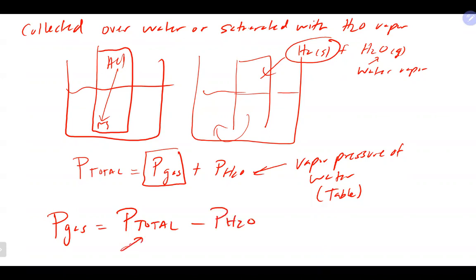This is usually your atmospheric pressure or your barometer reading, and you're doing a correction calculation here to get the pressure of just the gas by itself, sometimes referred to as the pressure of the dry gas, because you subtracted off the vapor pressure of water. So that's another common gas situation that occurs in a partial pressure situation as well.